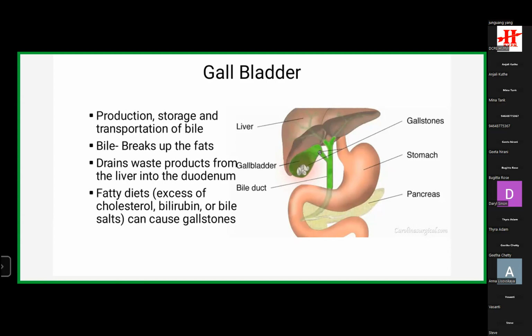Here, if the composition of the bile gets disturbed, what happens? If the cholesterol level increases in the blood or bile stone or bilirubin, the normal composition gets disturbed. What happens? It may cause gallstones, and these patients come very often to the clinic with complaints of gallstones.